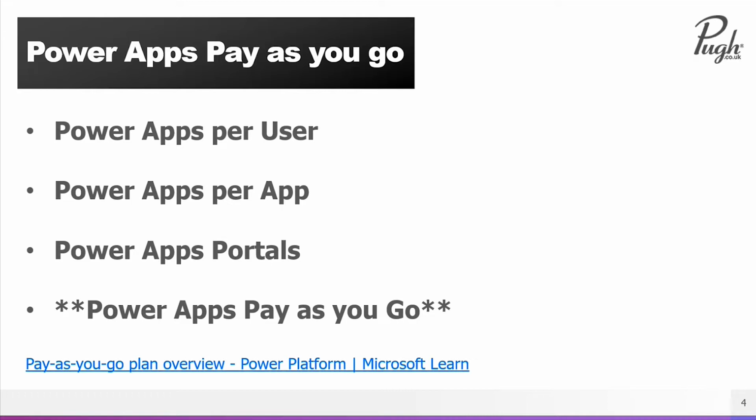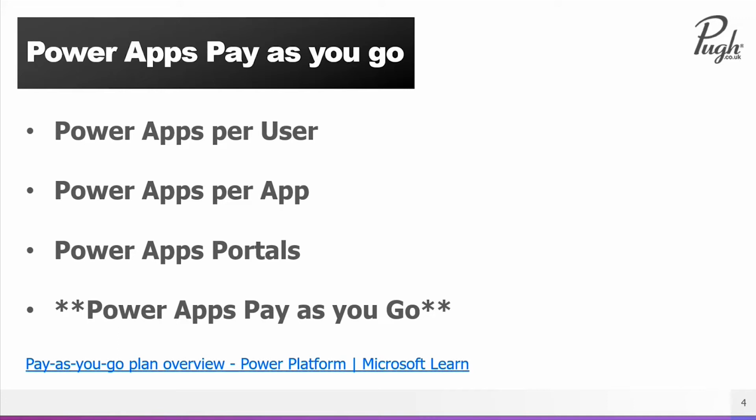However, this license falls short for a lot of people once you start using it in earnest, primarily due to the requirement to use an on-premise connector or premium connectors to connect to things like SQL Server and stuff like that. So once your requirements go over what you get for free within your agreement, then you need to buy a license for those users.